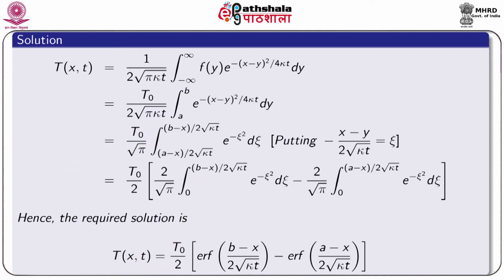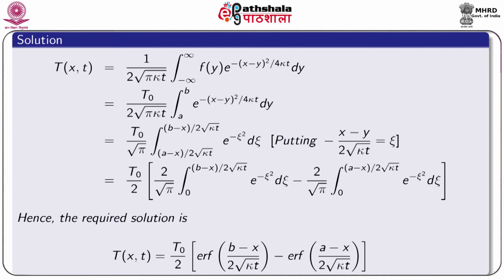This is T0 by 2 square root pi, integral 0 to (b minus x) by 2 square root kappa t of e to the power minus xi square d xi, minus integral 0 to (a minus x) by 2 square root kappa t of e to the power minus xi square d xi, and this function is known as the error function.